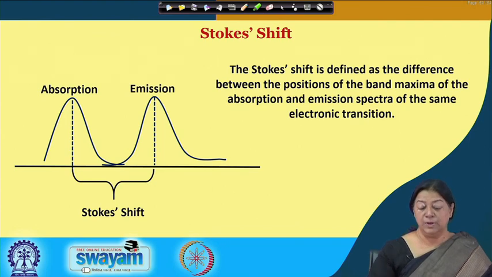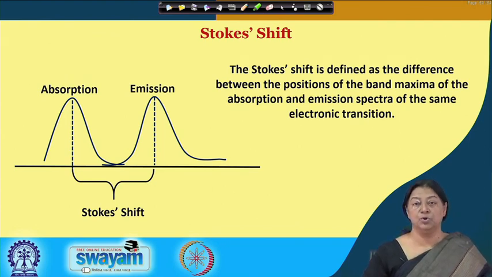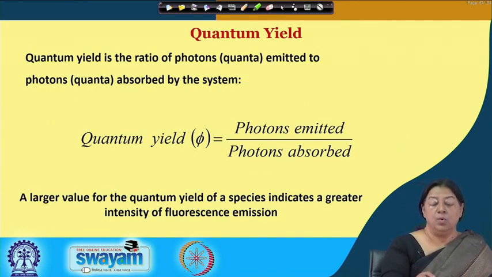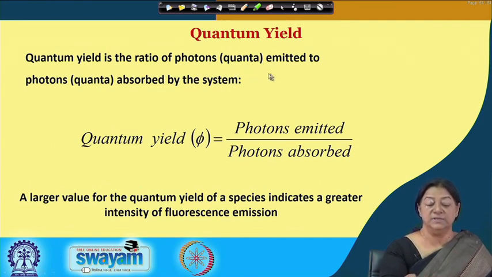So, when we look at this fluorescence spectroscopy, what else or what other information can we get? Quantum yield is the ratio of the photons, the quanta emitted, to the photons absorbed by the system.